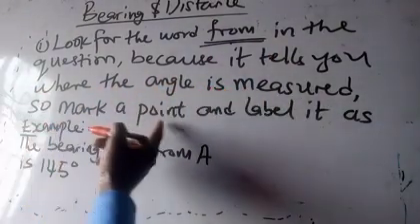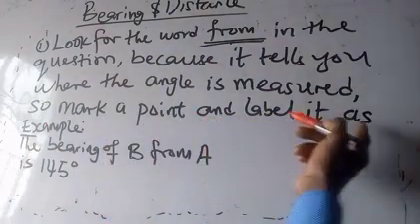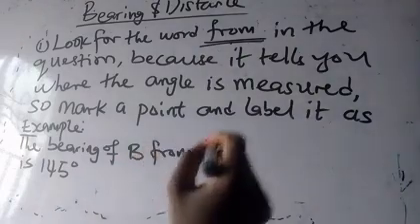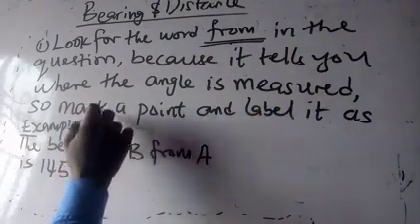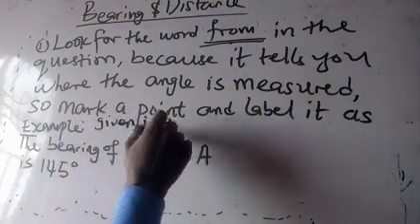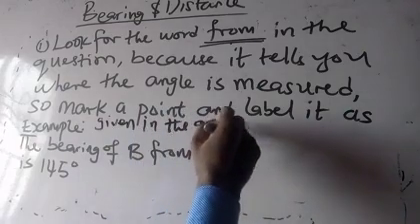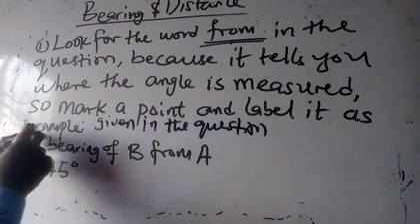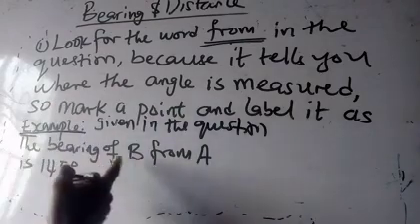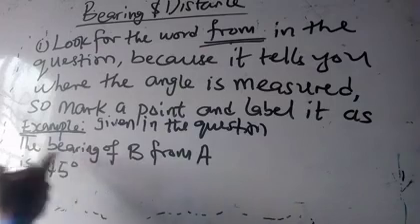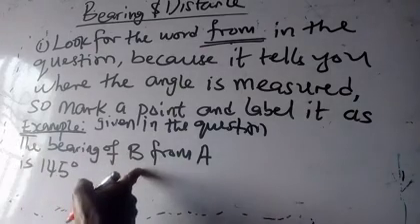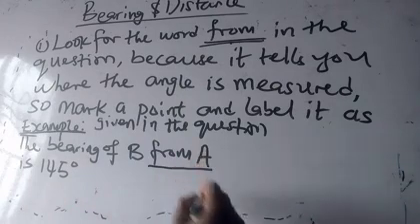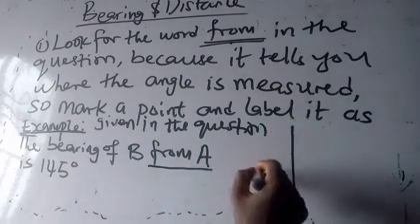So mark a point and label it as given in the question. Let's take this example. The bearing of B, or the direction of B from A, the starting point is A. So let me draw it.